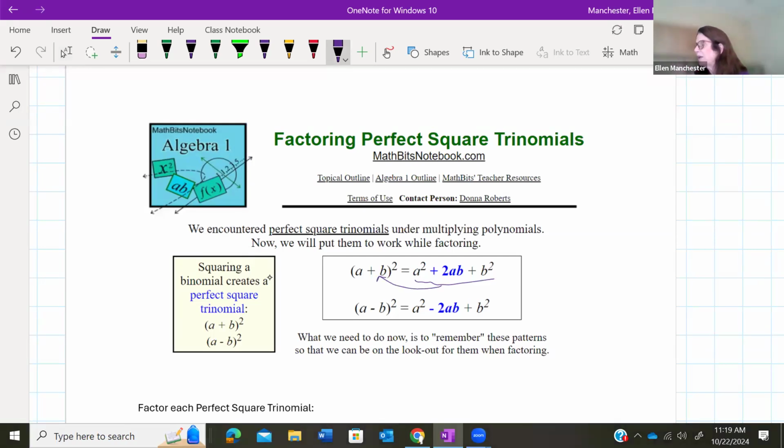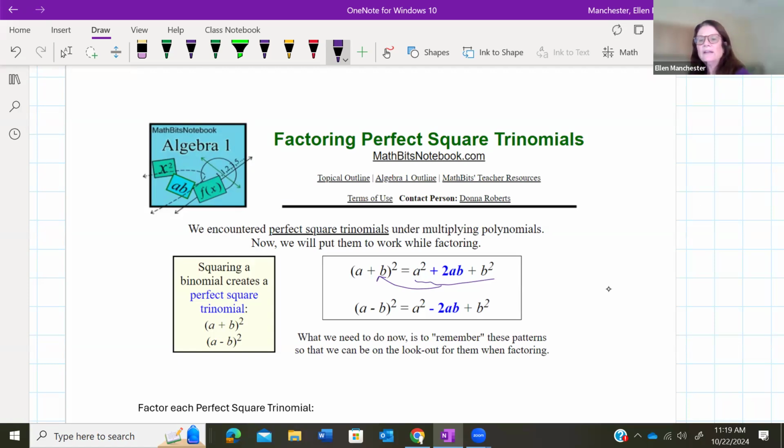So what did you multiply together to get it? How do you know that it's a perfect square trinomial? The first term is a perfect square and the last term is a perfect square. That's the first thing you look for. Then the middle term is when you square root a and b and you double it.